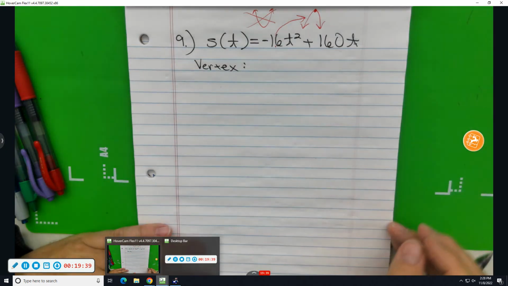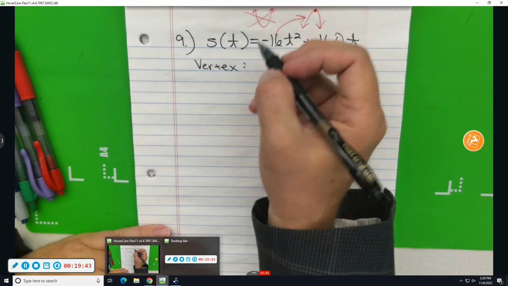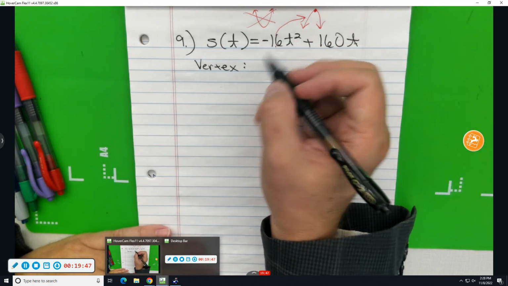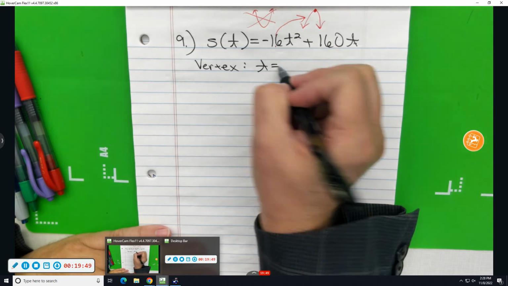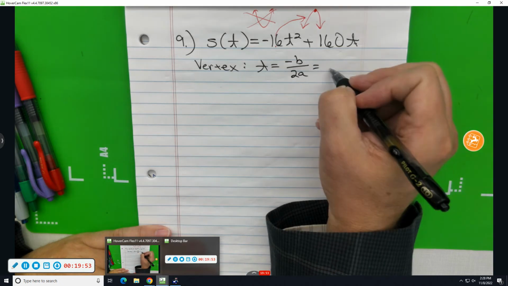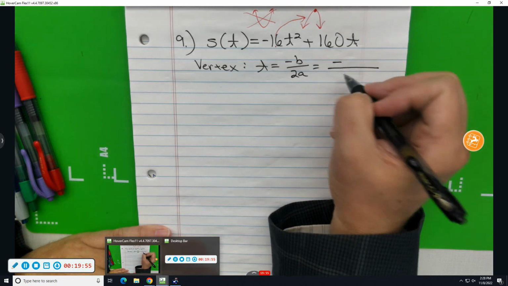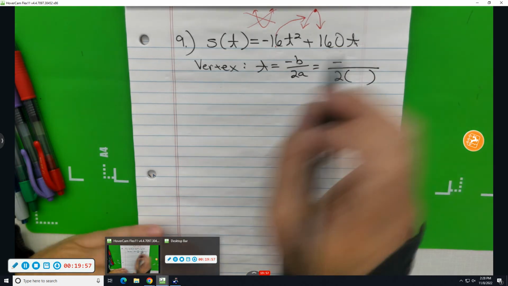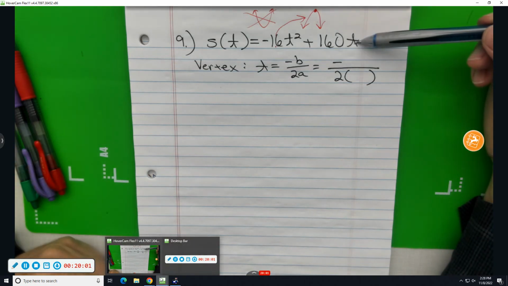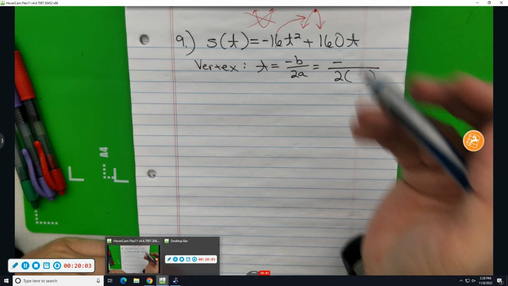So use your vertex formula to find the location of the vertex. Instead of x equals, the variable taking the place of x is t, so it's t equals negative b over 2a. Remember that b is the coefficient of the unsquared variable, so that's 160.